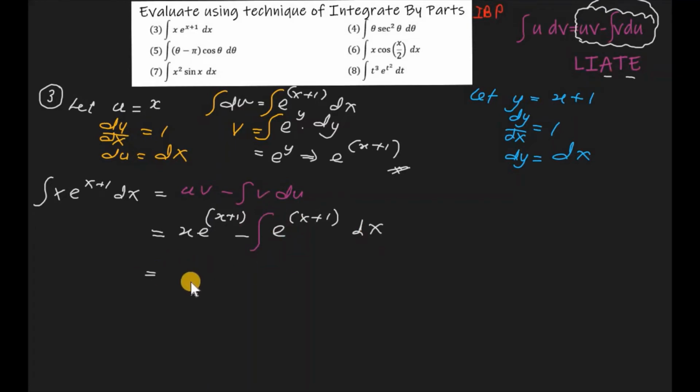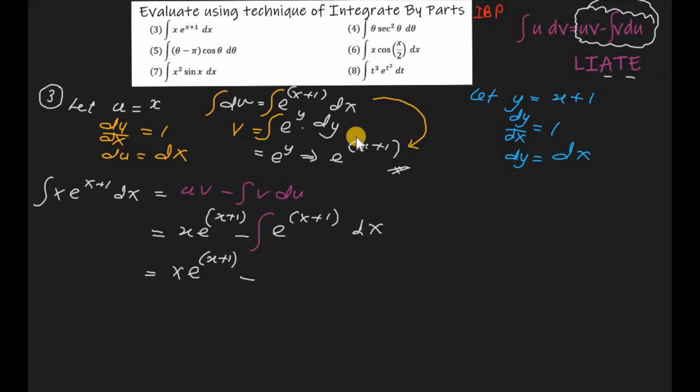Okay, but then we are stuck with this integral of e power x plus 1. But if you notice, this portion, integral of e power x plus 1, we have solved it. Similar to that, which we get this one. Similar, right? It is similar.